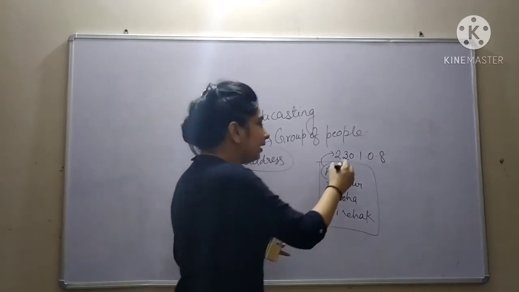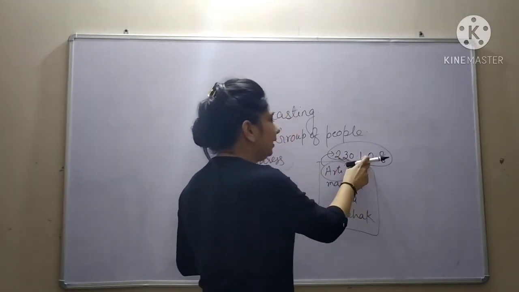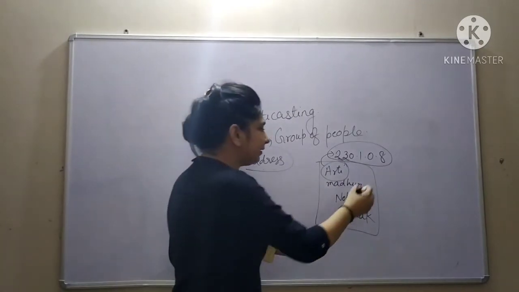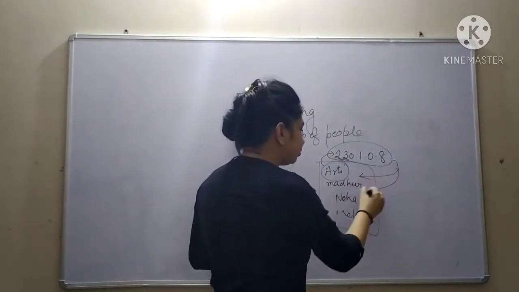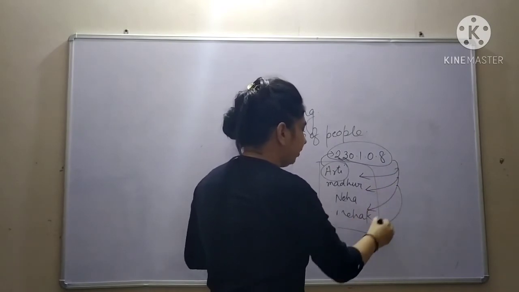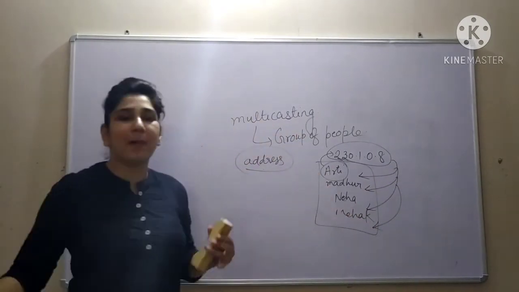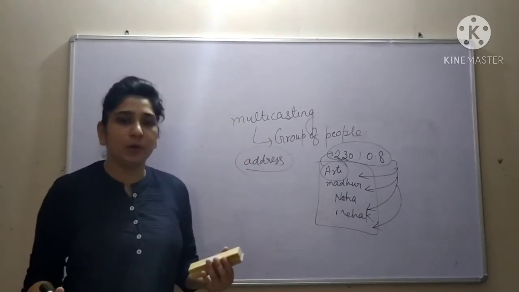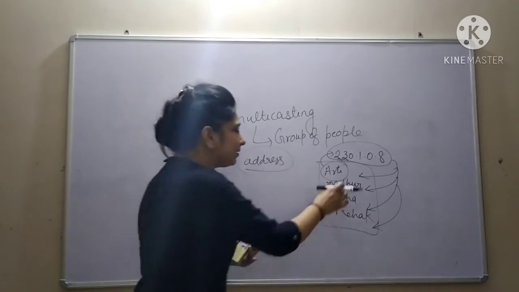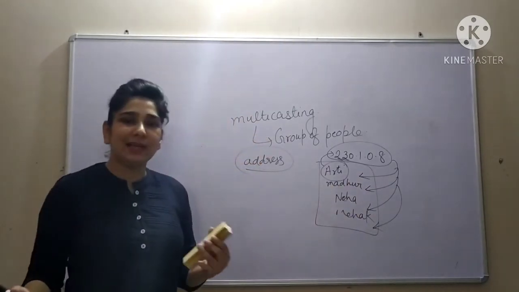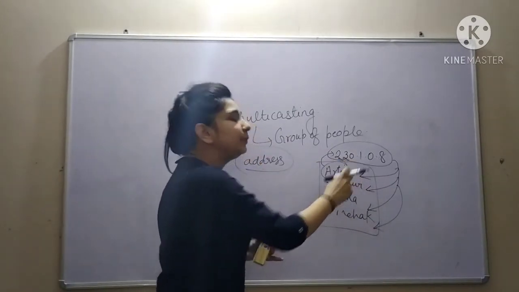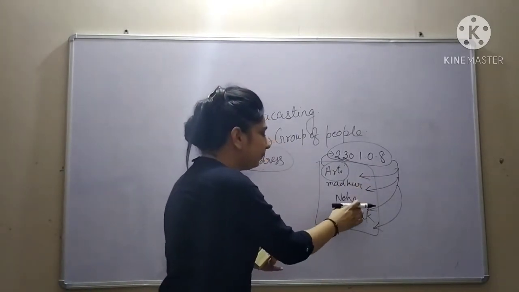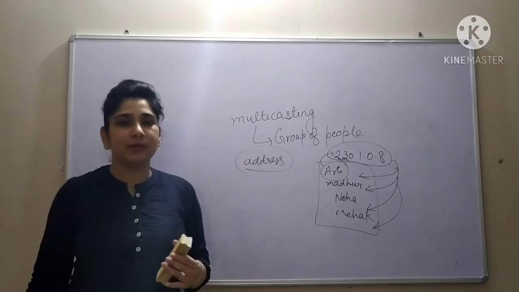From there it is redirected, and the message is sent to the 4 persons who are part of this group. We are not sending the message individually; we send it to the multicasting address, and there the message is redirected to all these 4 girls.